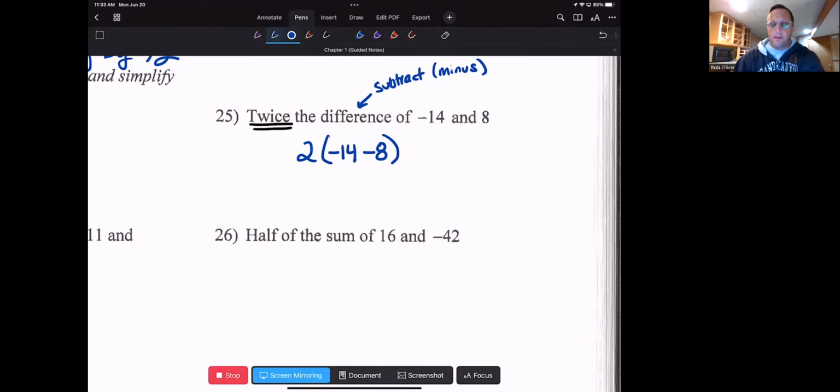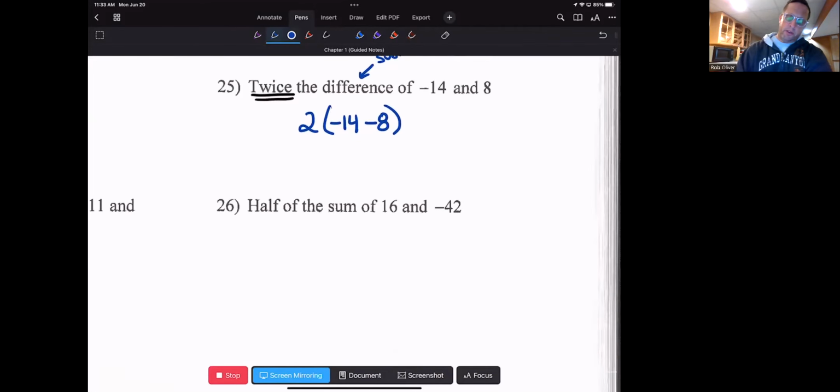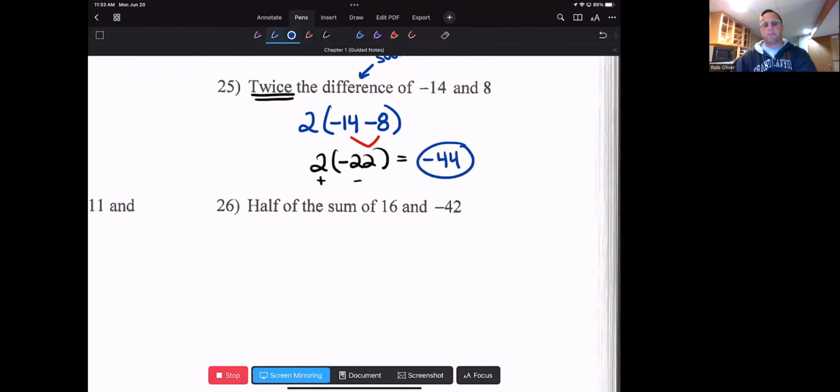In that case, -14 minus 8 makes negative 22. So you're going to have 2 times negative 22. And a positive times a negative makes a negative. So negative 44.